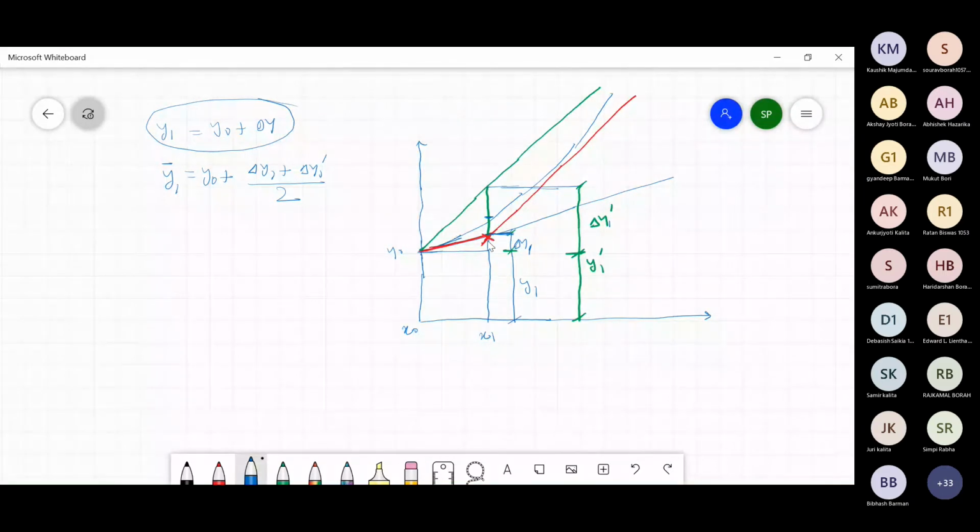Up to this much clear? Yes, sir. In this way, they concluded that this error has been reduced because of this average. Previously this red one is your y1. Now this y1 is shifted to here, up to this much. This is your y.